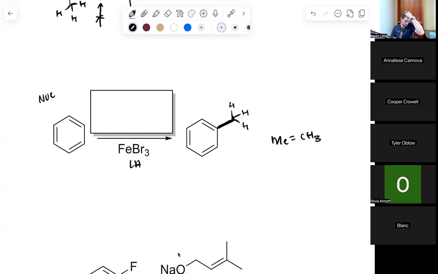So if I've got a nucleophile and I want it to react with something, I want to add something to it. Well, first of all, I'll just balance this. That's the first thing I'll do. I have to add a methyl somewhere, somehow. Do I want that methyl to be nucleophilic or electrophilic? Electrophilic. So what could I put on this methyl group that would allow it to be an electrophile? Something that might just disappear. Might a chlorine?